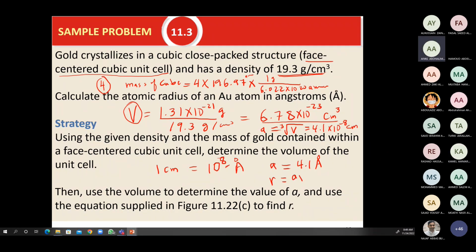R equals A root 2 over 4. Exactly. Calculate R. 1.44. Yes, 1.44. This is the second question in the next quiz.